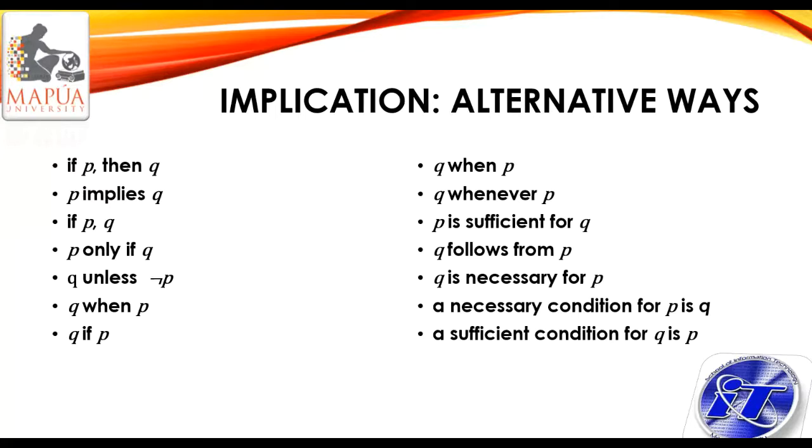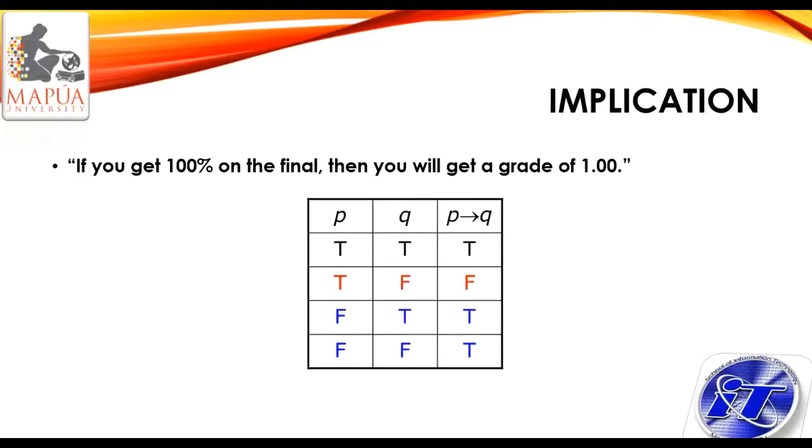So how do we determine whether the statement will be true or false under the implication operation? Based on this truth table, as long as the premise and consequence have the same value, the statement will be true. True, true, therefore the statement is true.